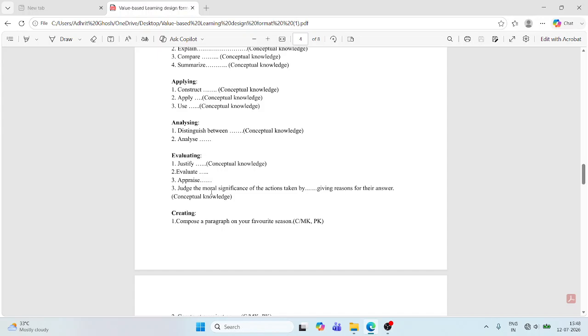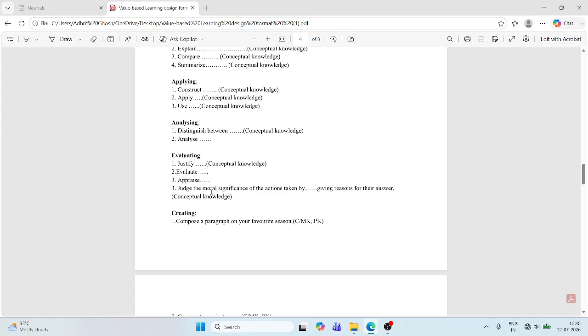In case of other subjects, for example, certain actions taken by certain emperors or political leaders, how far they were responsible for certain consequences on humankind, or in case of ecological changes, how far certain human actions were responsible for damages or changes in the ecosystem. Those things can also be written. Objectives can be included under the evaluating dimension.